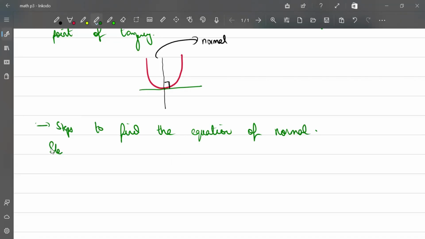Step number one, again the same step, calculate dy over dx.